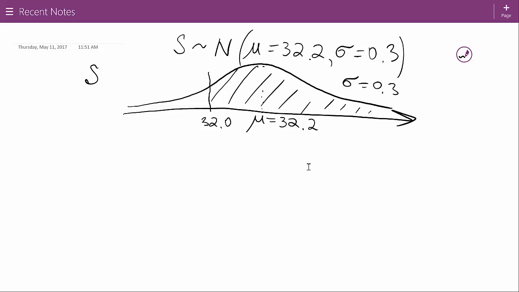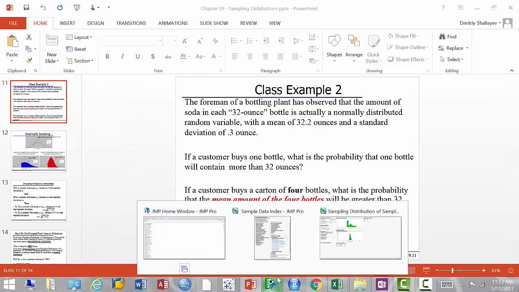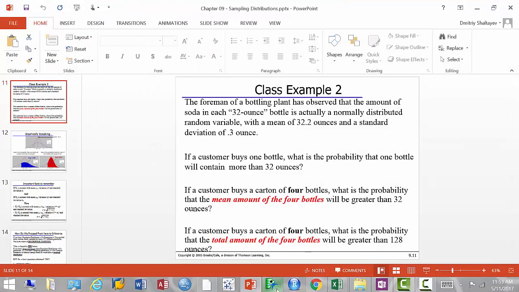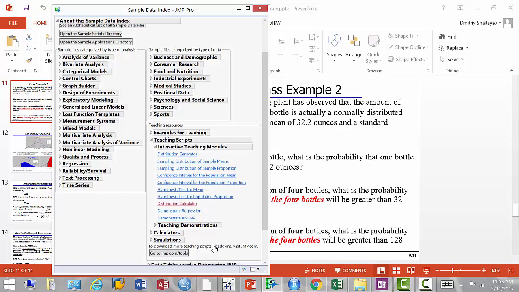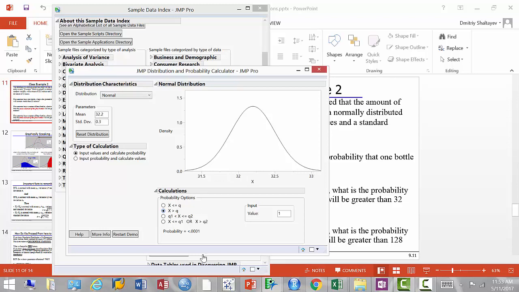So I can easily compute that using my distribution calculator. Let's go back. I'm going to X out of sampling distribution and go back to the distribution calculator. The foreman says that everything is normal, 32.2 is our average, and 0.3 is our standard deviation, and we're looking for the values to the right of 32.0.